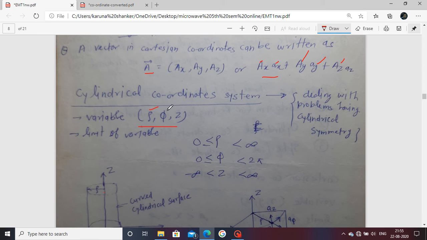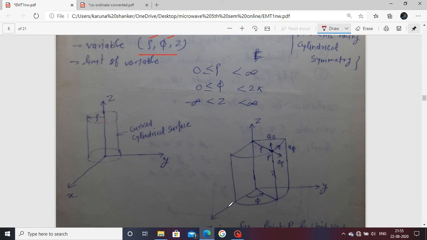Rho is the radius, and phi is the angle measured from the x axis, with a 360 degree rotation. The range of phi is greater than 0 and less than 2 pi, or 360. Z represents the height of the cylindrical structure.